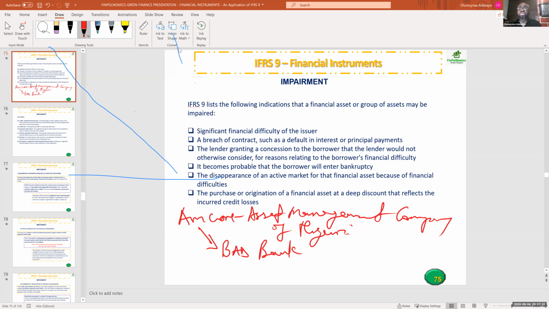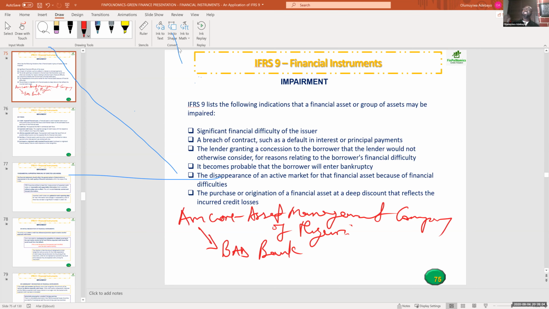Do you get what I'm saying now? In that situation, you say such loans are credit impaired at origination. Okay, and what is the methodology behind it? It is that if, for example, you are owing GTB Bank 1 billion naira upon accumulation of interest, default, and all sorts of things. Now, to salvage such a situation, GTB approaches AMCON, and AMCON can buy it for 700 million naira.